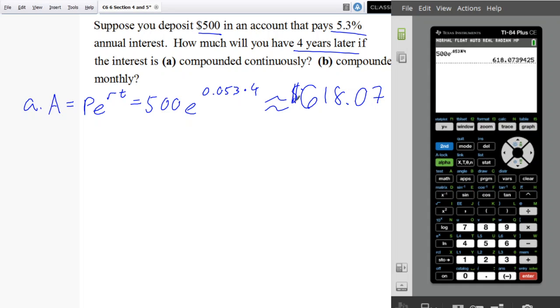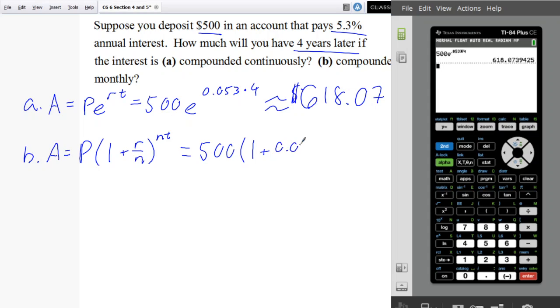If I'm going to compound monthly, I'm going to go back and copy down my formula of A is equal to the principal times the quantity of 1 plus r over n, to the nt power. So again, looking at that, I can see that my principal is 500 times the quantity of 1 plus my r, 0.053, over n. Now, n is the number of times compounded per year.